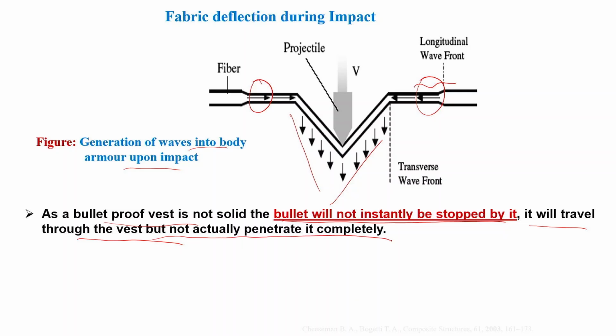It may damage a few layers, but in between it will be stopped and caught within the structure. But in hard body armor, the bullet will be stopped at the first instant.